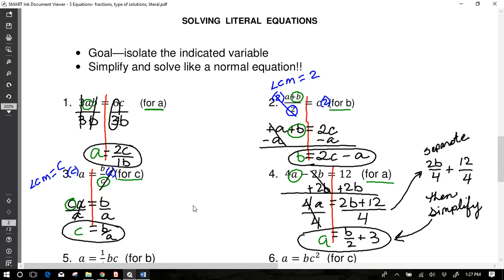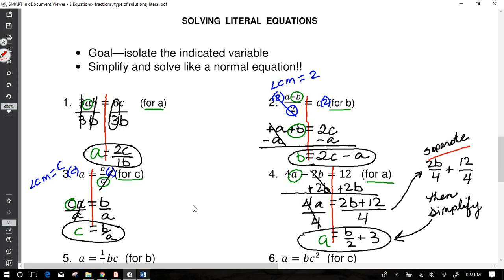And in order to simplify 2b plus 12 all divided by 4, I drew an arrow up and over to the right where you see the word separate right here. I wanted to show you that to simplify these, all you need to do is separate the 2b and the 12 and keep their denominator of 4 the same.